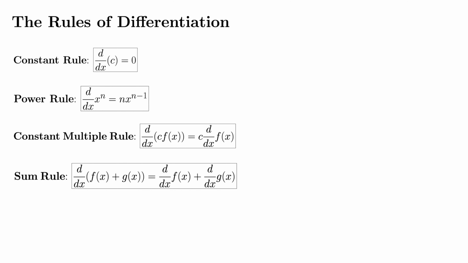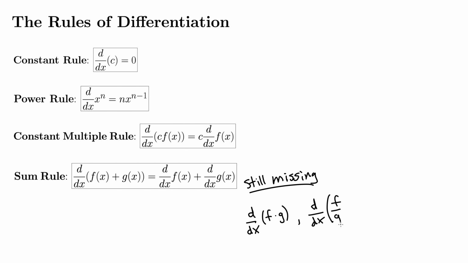But what are we missing still? Well, we don't have anything about products yet. So we are missing d by dx of f times g. We don't have anything about derivative of division yet. d by dx of f divided by g is still missing. We've said something about x to the n, but what about the derivative d by dx of some, we'll call it just some base b to the x?